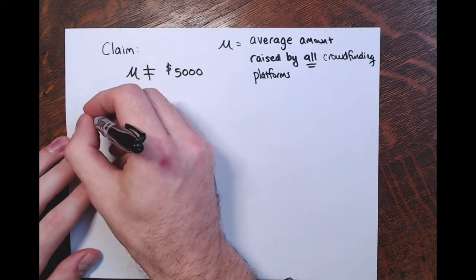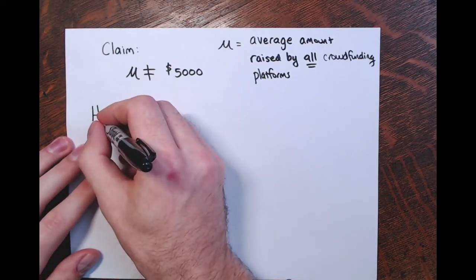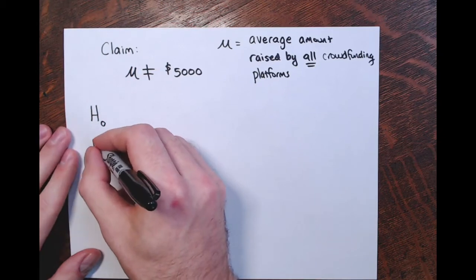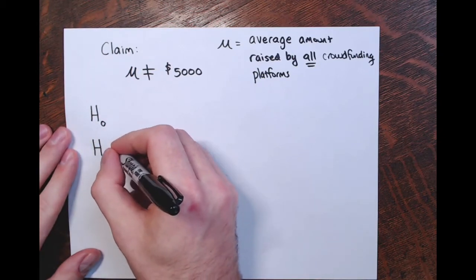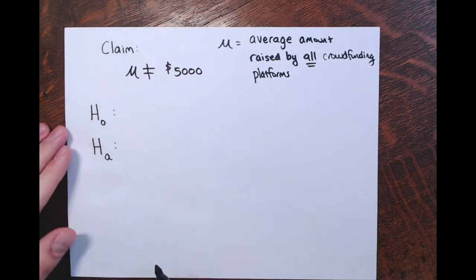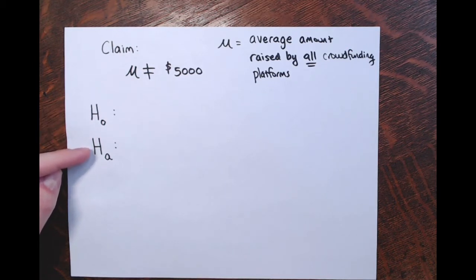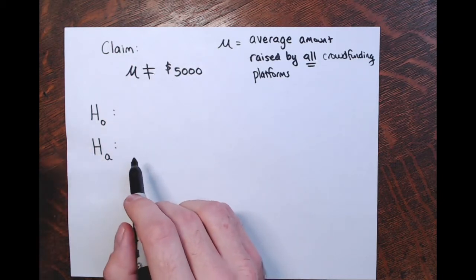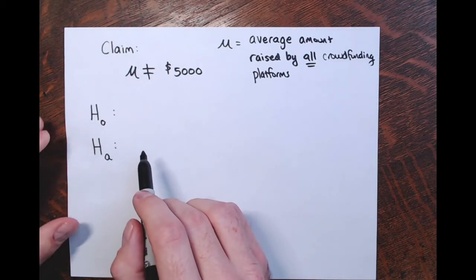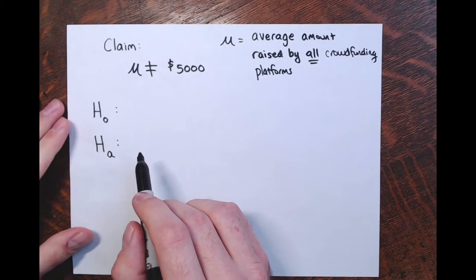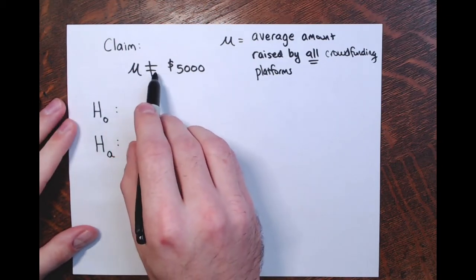Once a claim is established, some statement about a population parameter, then your hypotheses are set up. You have the null hypothesis, H0, which is what's going to be assumed to be true, and this will involve equality. Then the alternative hypothesis does not involve equality, and that's typically the claim. That's what's being tested. You see, this does not involve equals.